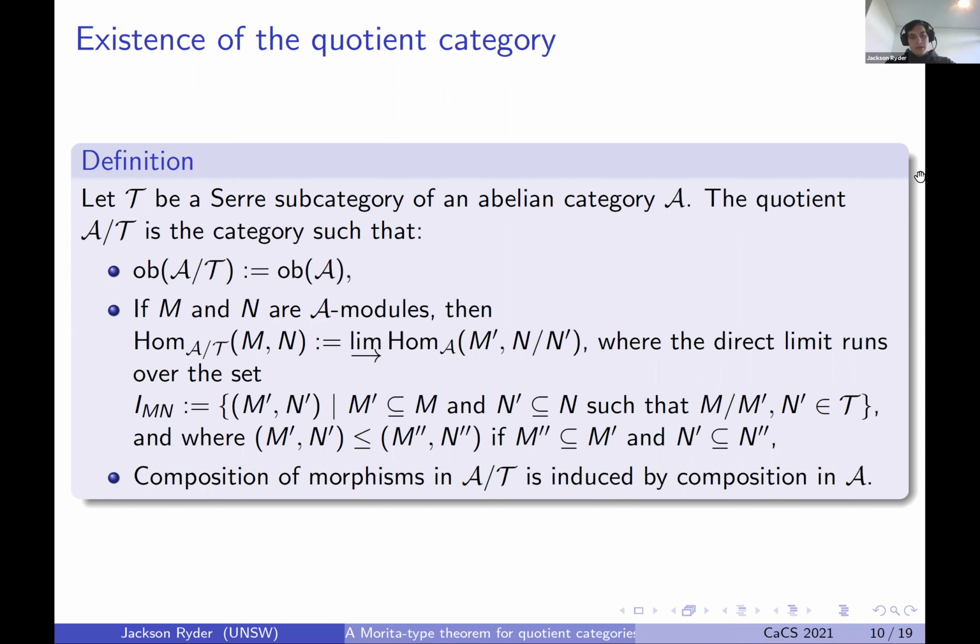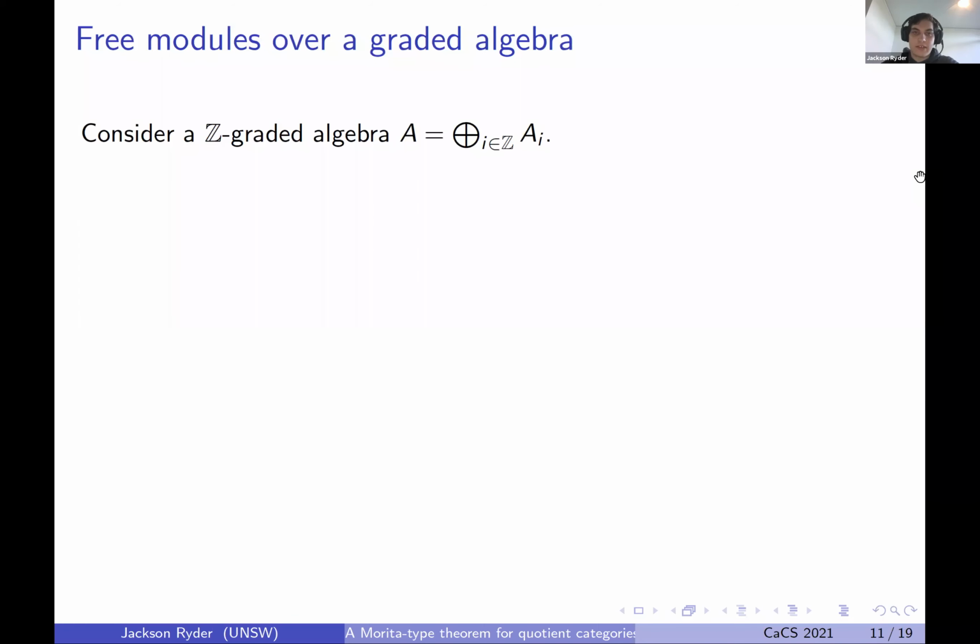Okay, so now we know what quotient categories are. The last thing I'm going to do is introduce the type of category that we're going to be taking the quotient of, and then we can get on to our Morita-type theorem for these categories. For a bit of motivation of where these categories come from, we'll think about free modules over graded algebras for a second.